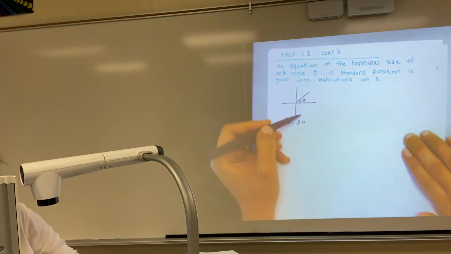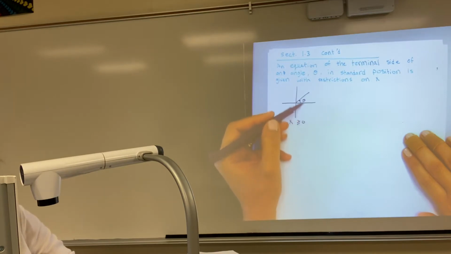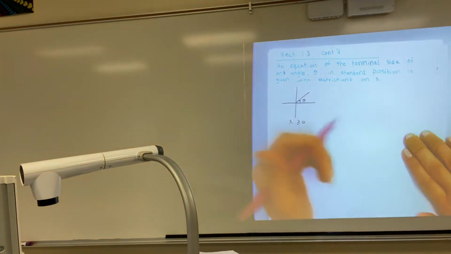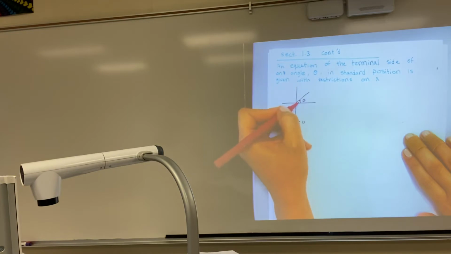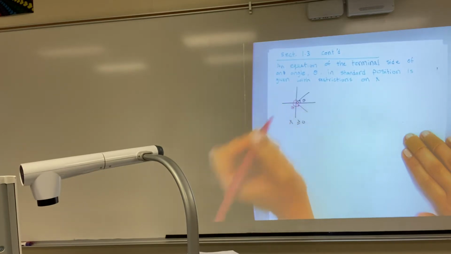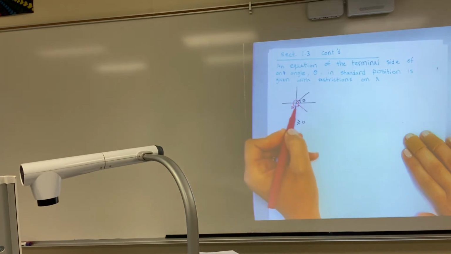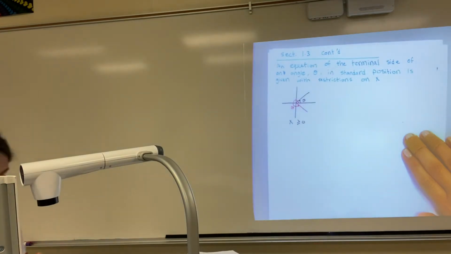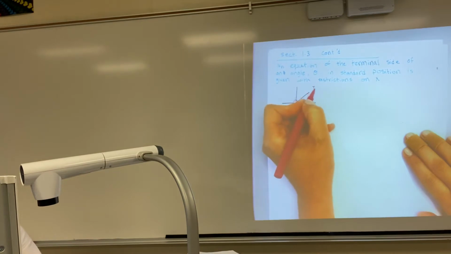But here in the fourth quadrant, I still can get a theta with x that's positive. Let's say we have another theta here. This angle still has an x value greater than or equal to 0. So it's either in quadrant 1 or quadrant 4.